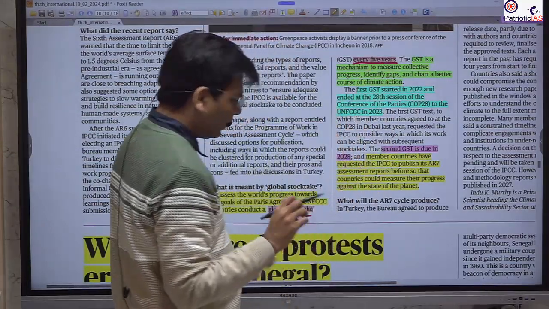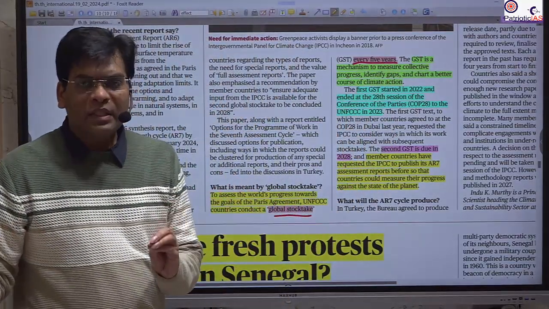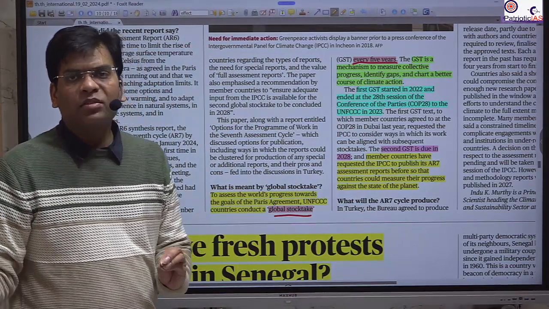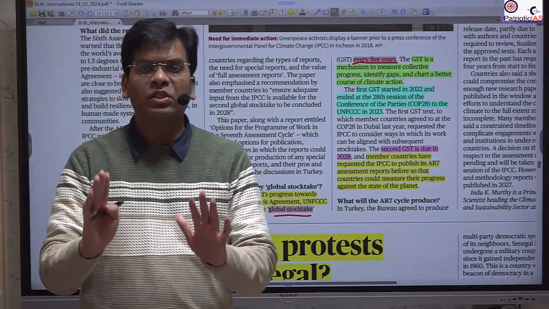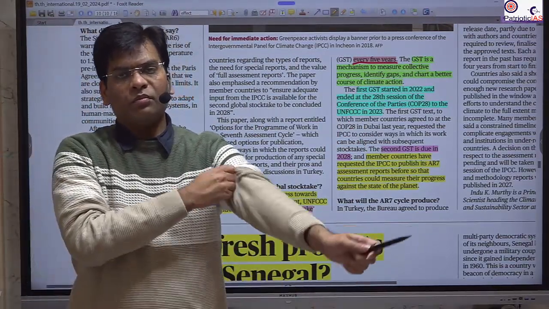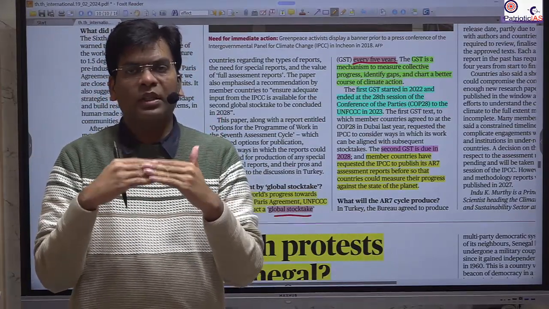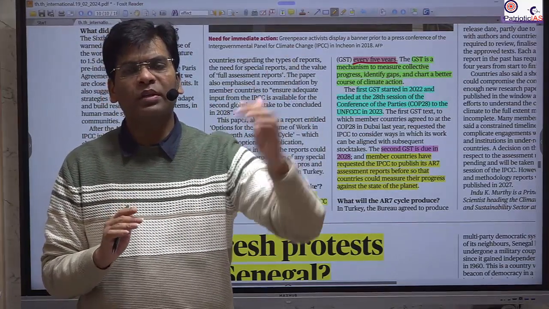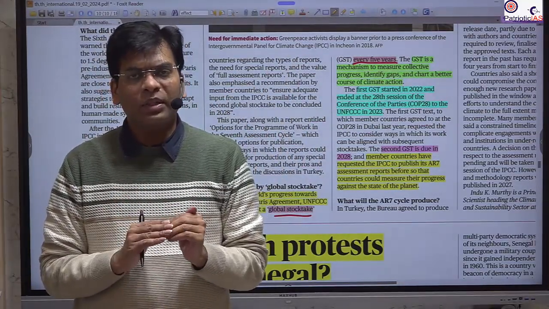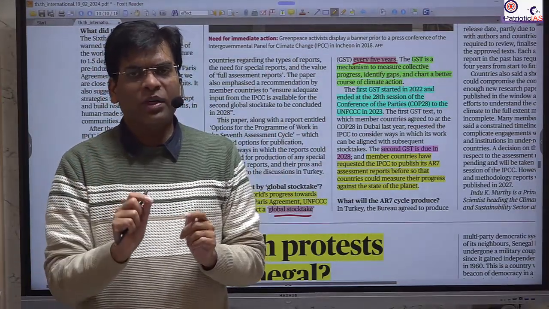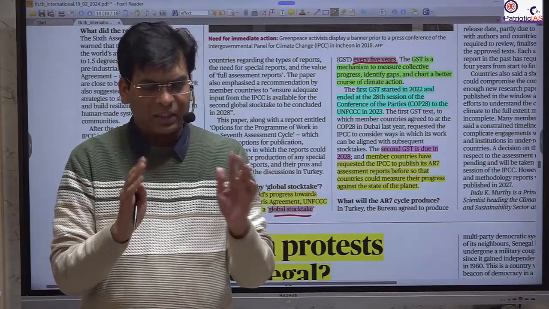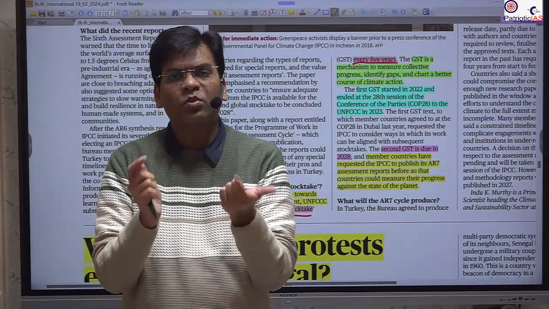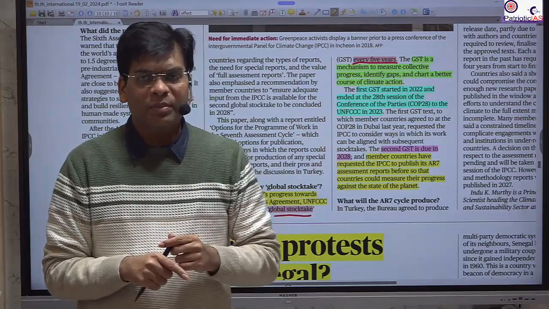For example, this Paris Agreement talks about how we are going to limit the temperature that is growing day by day. So we are going to limit it to 2 degrees from the pre-industrial level. So there is confusion about what this 2 degrees is and what this pre-industrial level is.